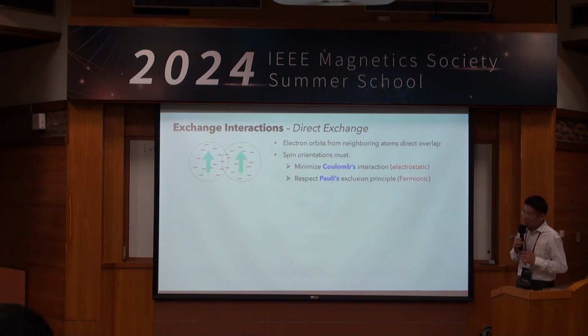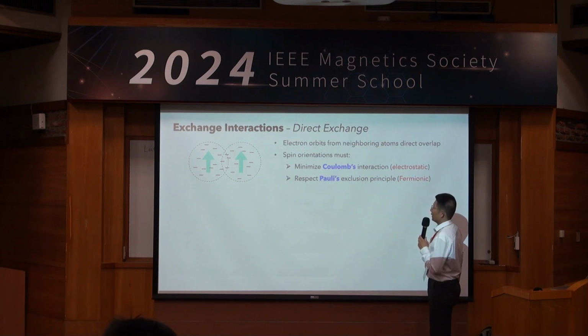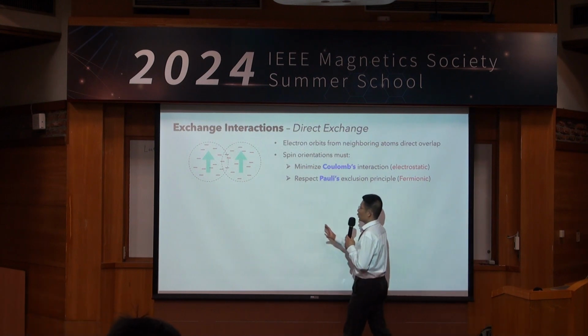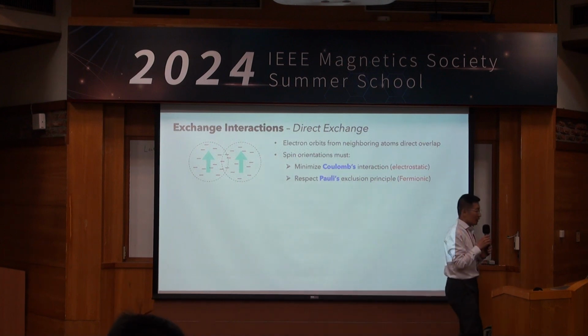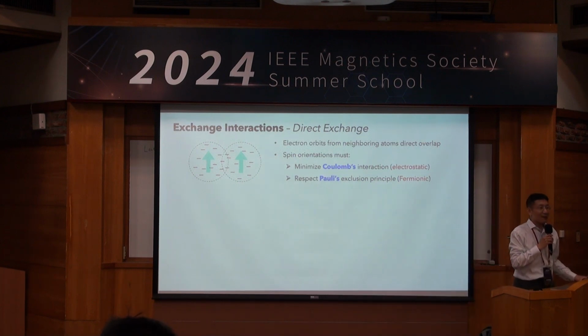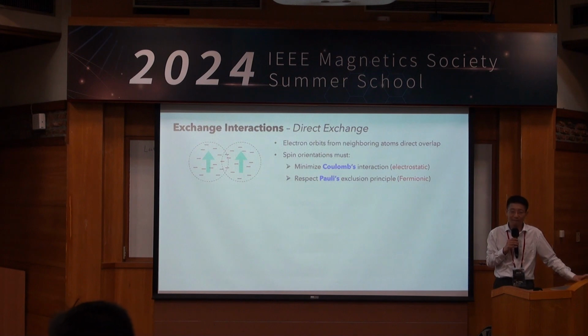So the direct exchange interaction could be quantified by minimizing the Coulomb's repulsion of the electrons, while at the same time respecting the Pauli's exclusion principle, because the electrons are fermions. Okay?